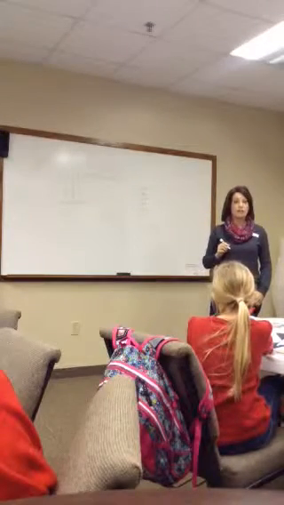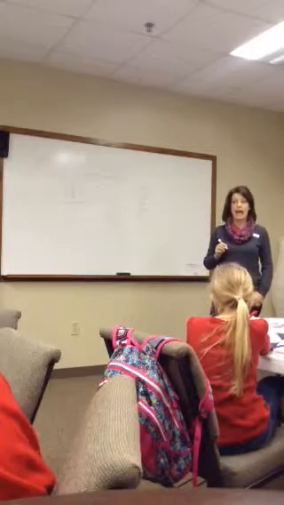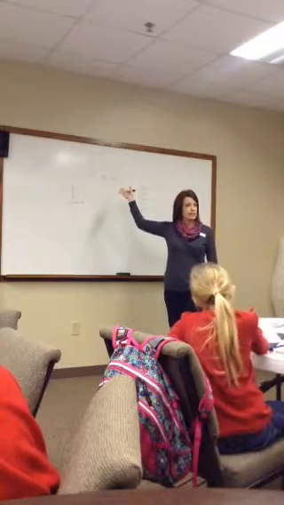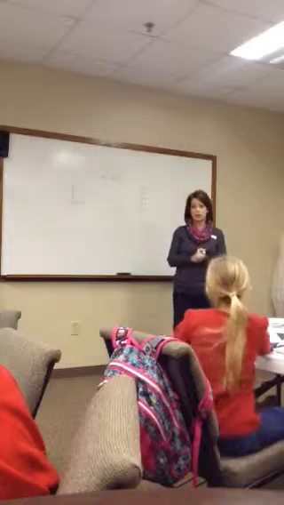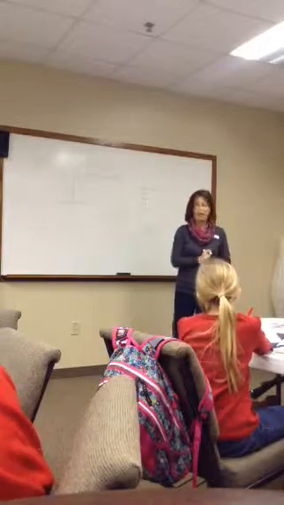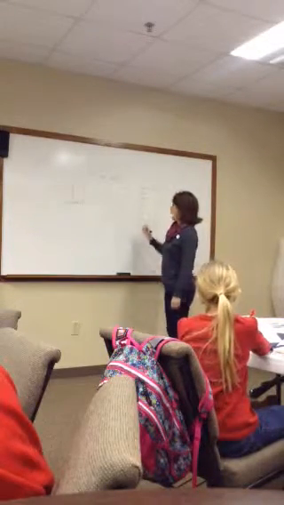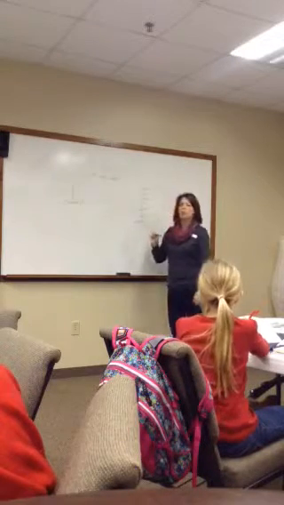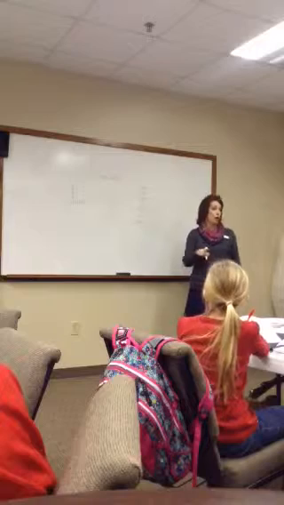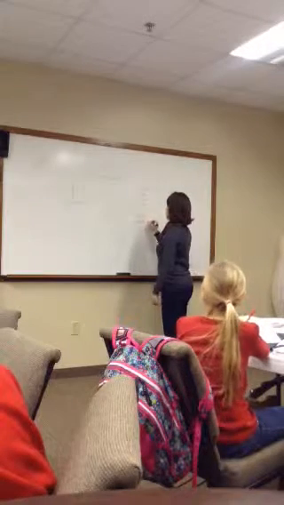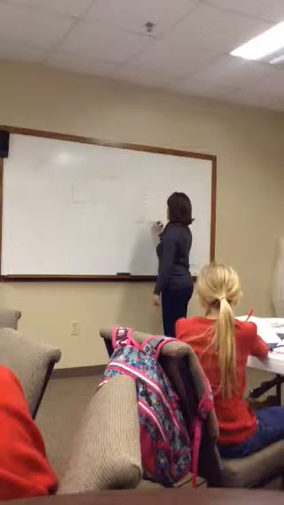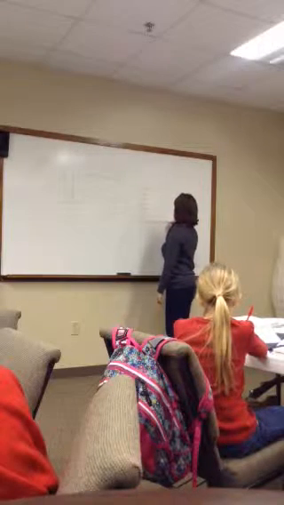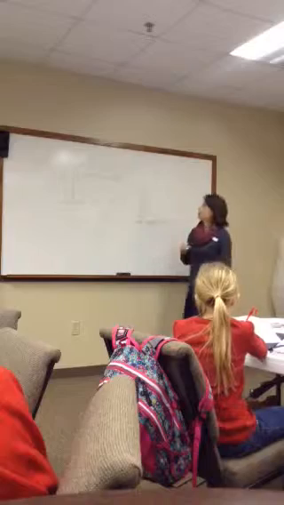Now, some other questions that you're going to want to ask is the first sentence is, what do you see in the picture? Right? Now, another question that we might ask is, what happened before the picture?